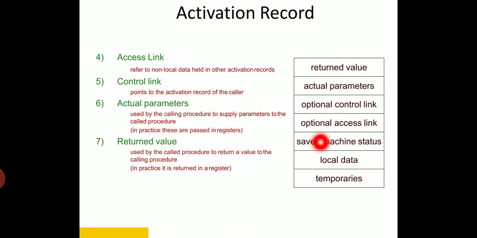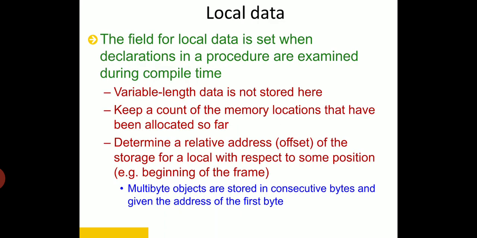So this is a local data field. The local data field will also manage the count of the memory locations that have been allocated so far, and determine a relative address offset of the storage for locals with respect to the beginning of the frame. That means it will carry some address so as to access other variables.